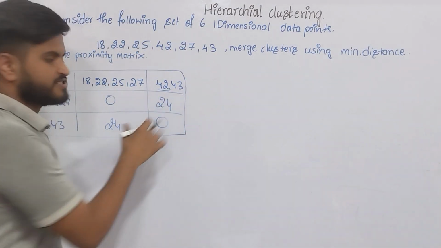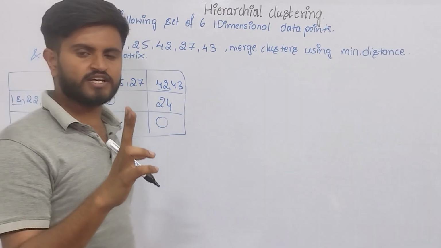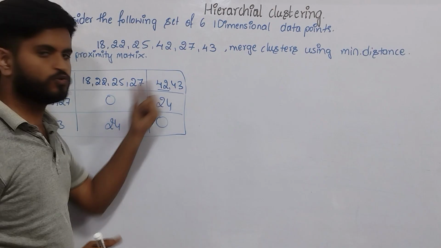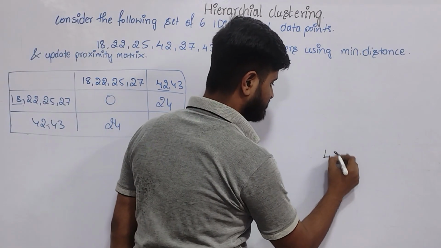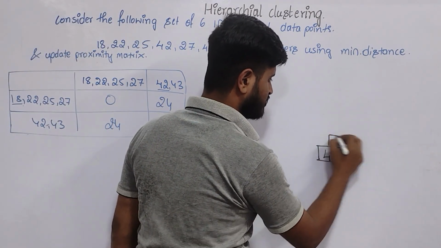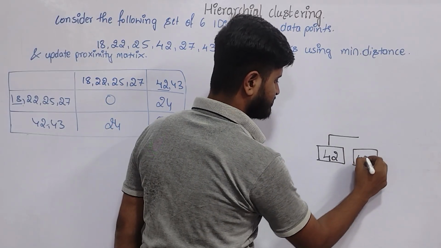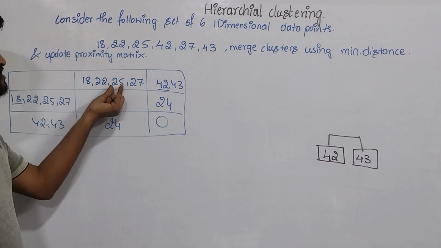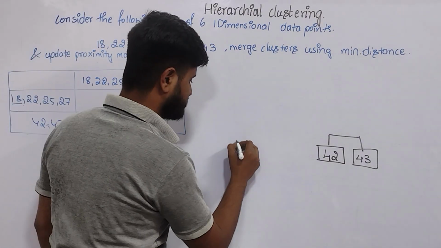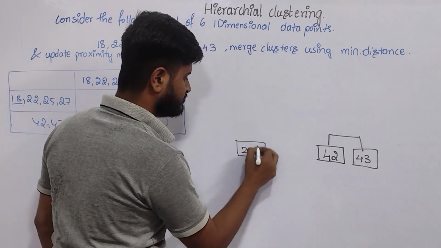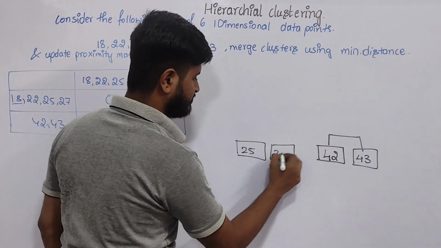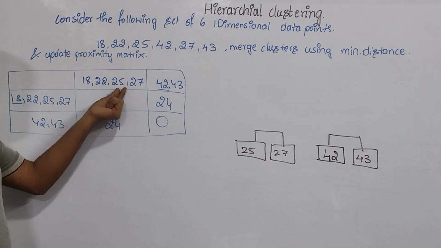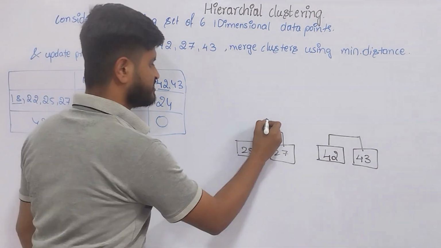So at the last step we must merge the clusters. If you see at the starting of the question, which two clusters did we merge? We merged 42 and 43 at the starting. So it must be in the increasing order itself. Next what we did? We merged 25 and 27 at the next step. Next we merged 22, 25, 27 in the next step.